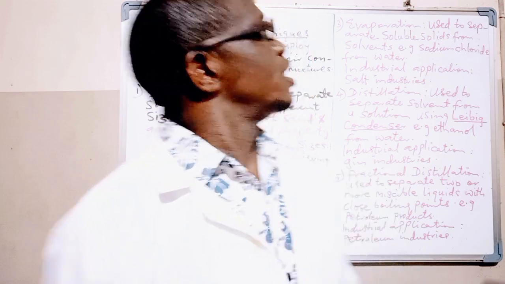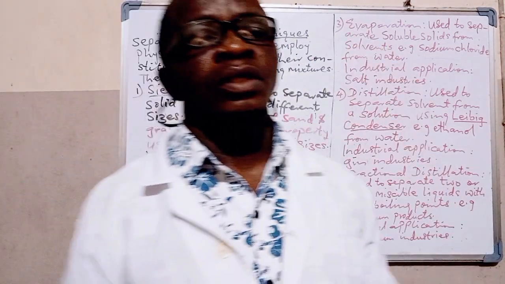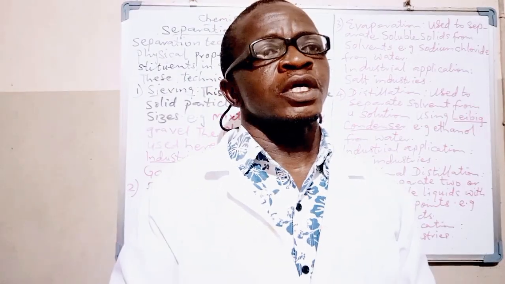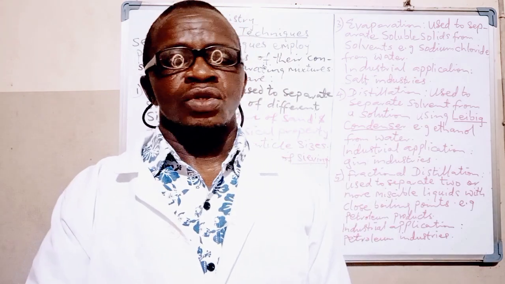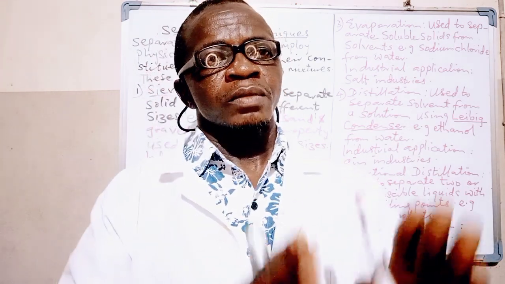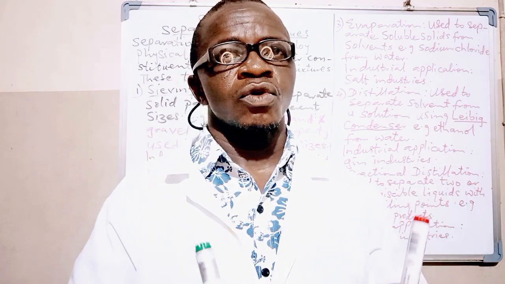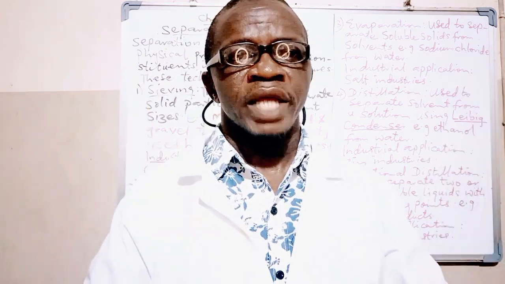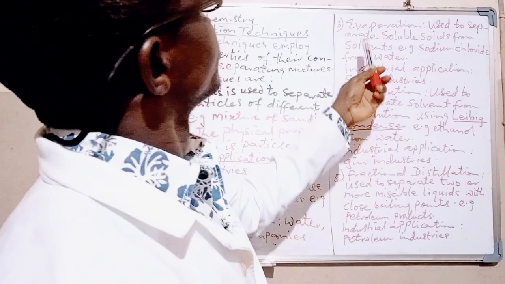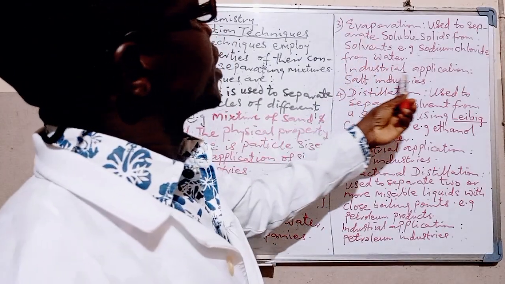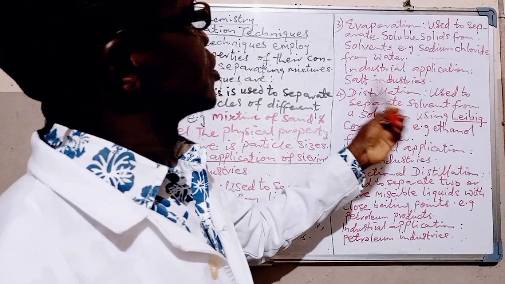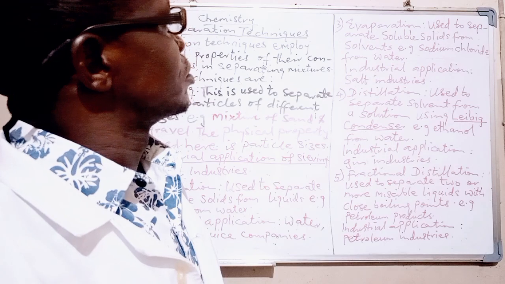That technique is called evaporation. How do you go about that? You pour the solution into your beaker, put it on a hot plate, allow the water to evaporate out, and get back your salt. So, the industrial application of that technique is the salt industry.